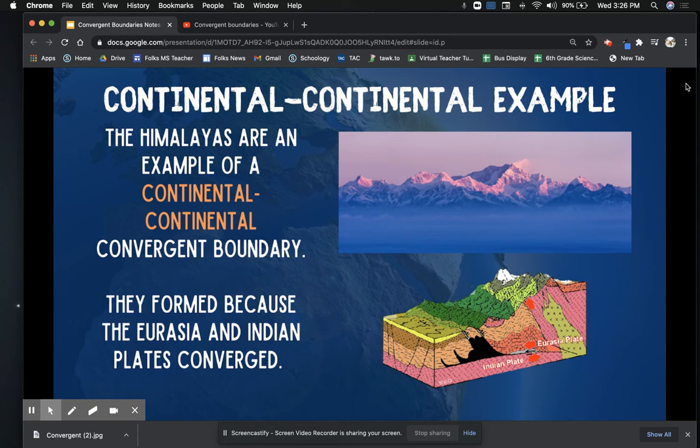An example of this, like the video said, are the Himalayas. They formed because the Eurasian plate and the Indian plate converged together. So they came together and created this whole mountain range. And it's actually where the tallest mountains are found.